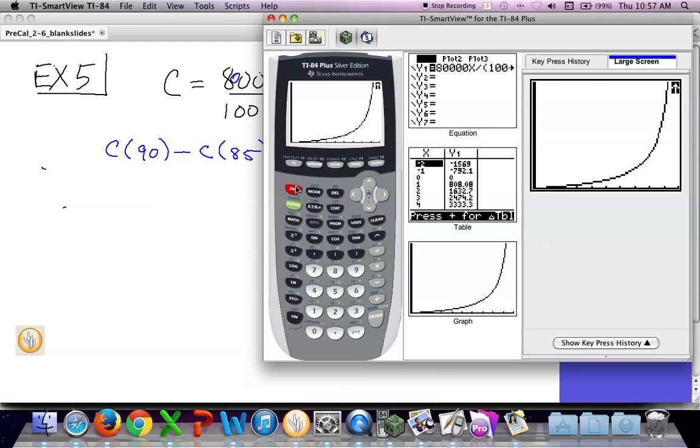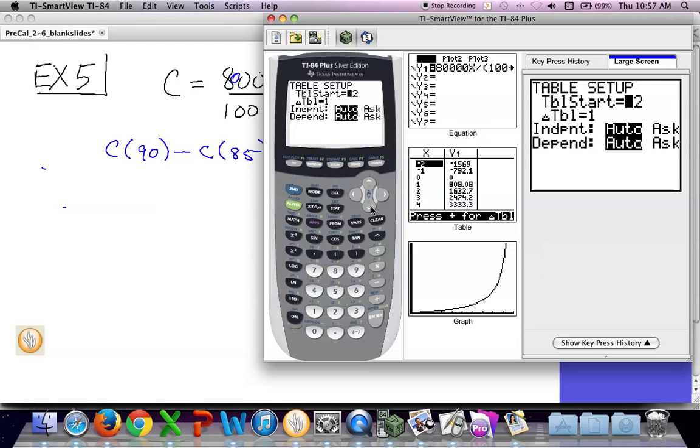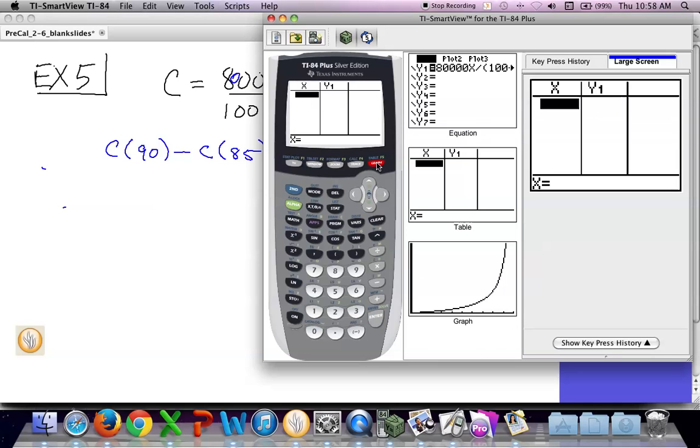Watch this. Second table set. Let me set my table set to ask. Right? And then I'll go second table, and I'll do 90, 720,000, and I'll do 85, 453,333.